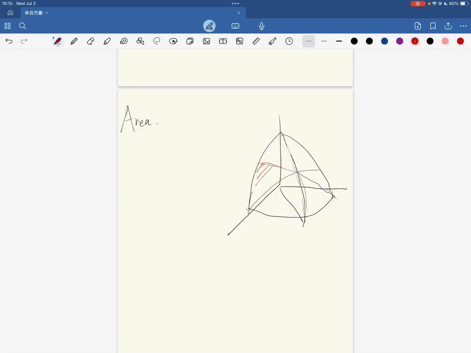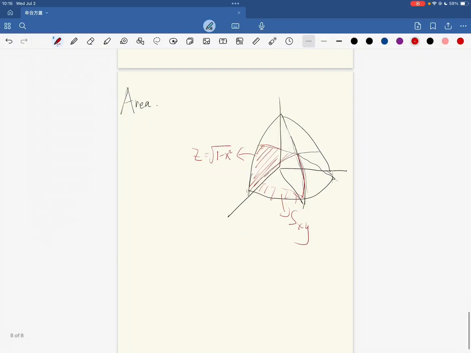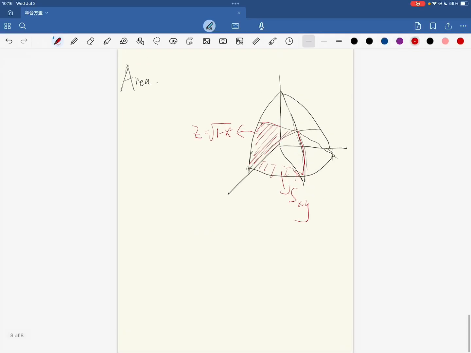Firstly, we calculate this, which corresponds to this. For simplicity we regard r equals 1.